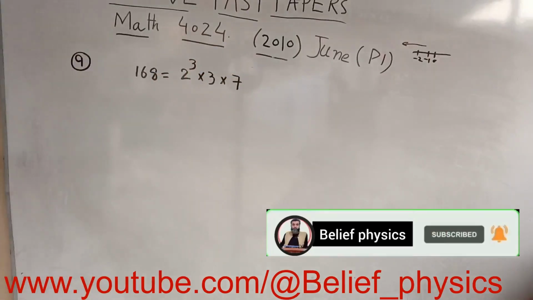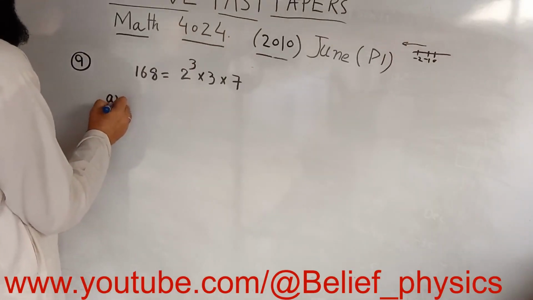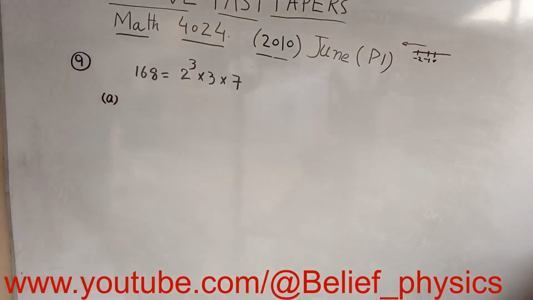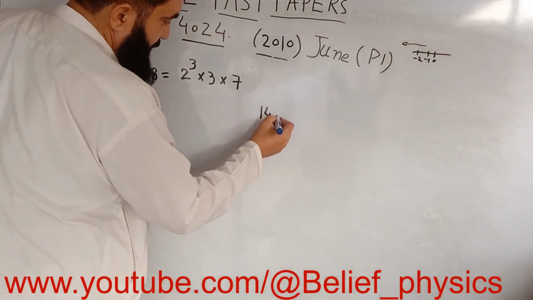So A part is express 140 as a product of prime factors. We have to do the prime factorization of 140. Very easy. We will take prime factorization.